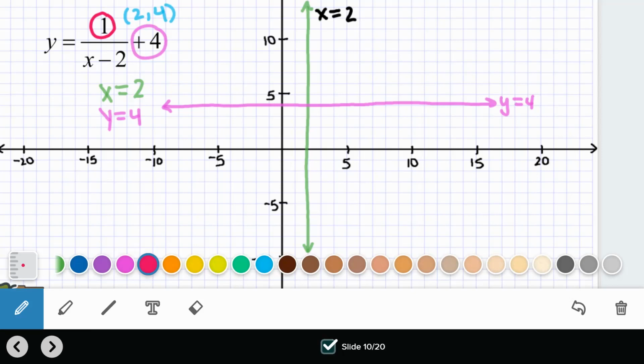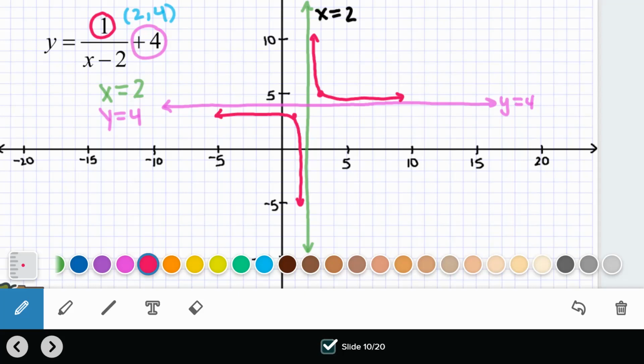So I am going to have a point that is going to be 1 away from my asymptote and up 1. And same here, 1 away, down 1, because that would be like 1 times 1 and -1 times -1. And then I'm going to draw my curve. Okay, again, that point there. And that's my graph.